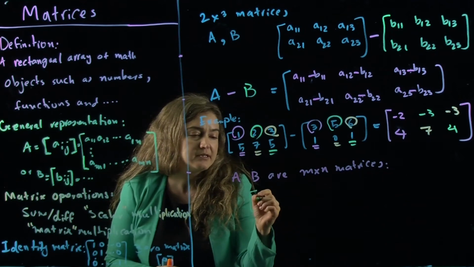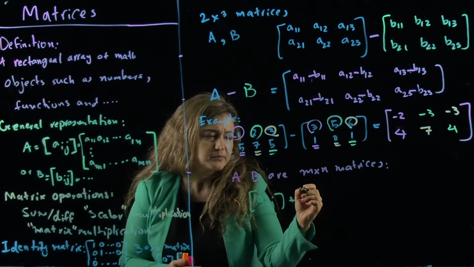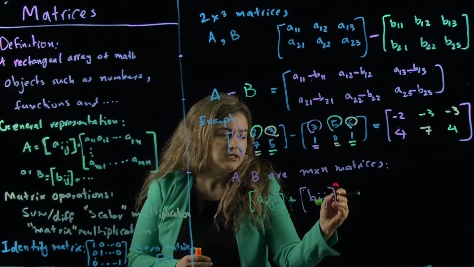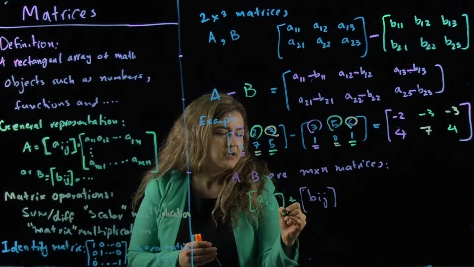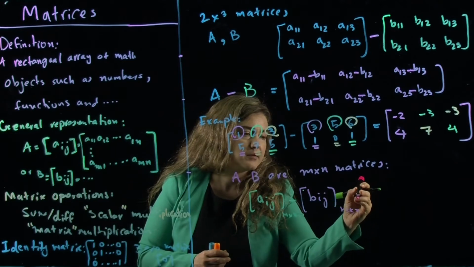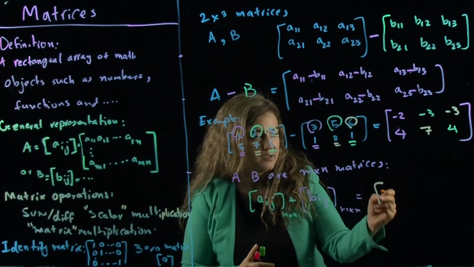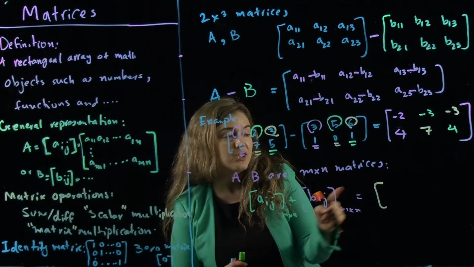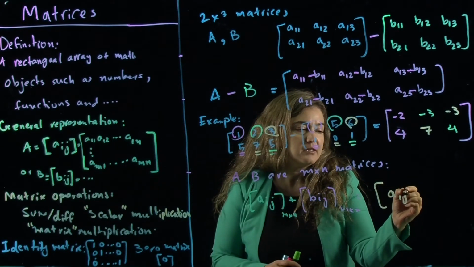I can write Aij plus Bij, and underneath I can write M times N, is equal to: each entry ij has to add to entry ij, goes to entry ij in here. So I can write it like that.